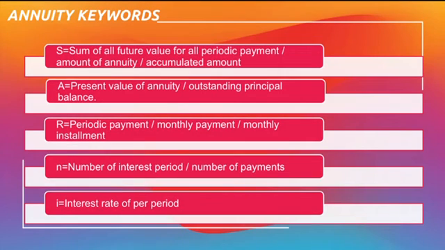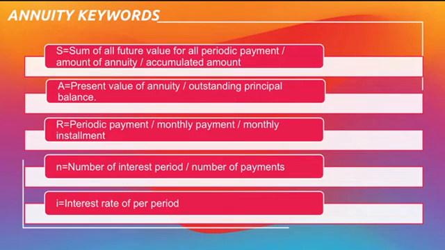Next, for the keywords of annuity: S means the sum of all future values of all period payments, or the amount of annuity and accumulated amount. A means the present value of annuity or outstanding principal balance. R is the period payment, monthly payment, or installment payment.